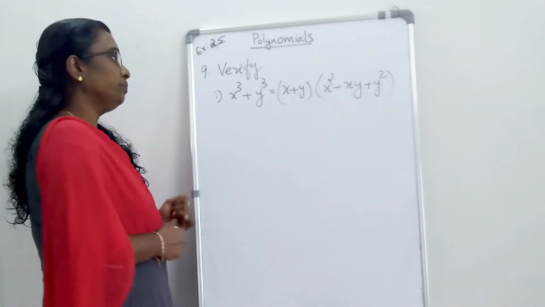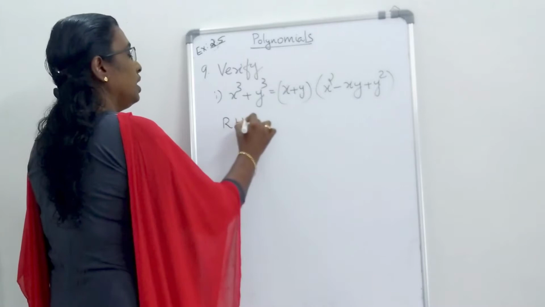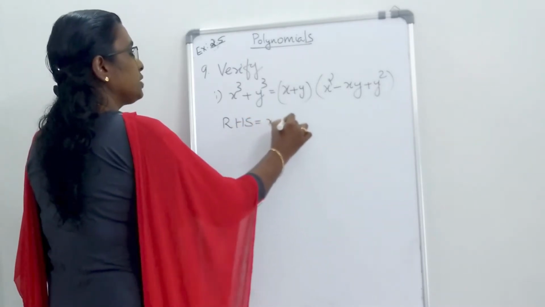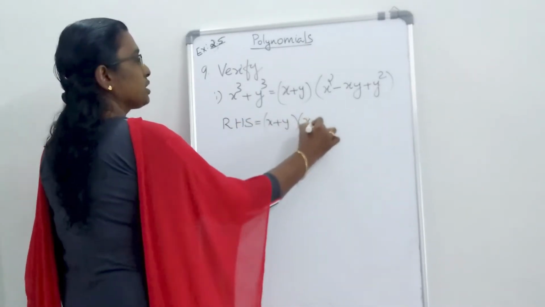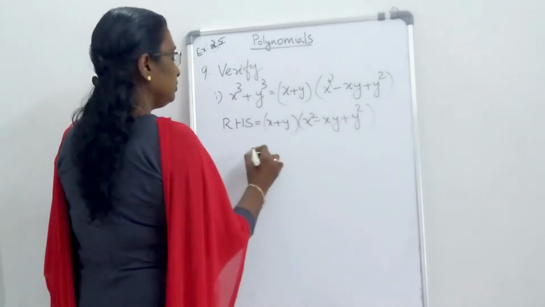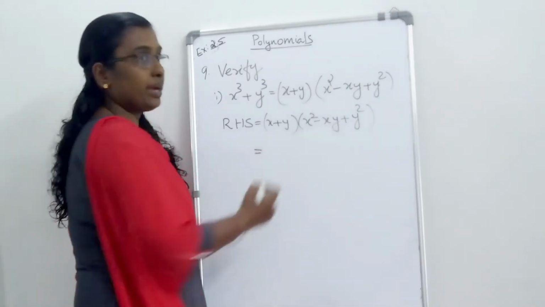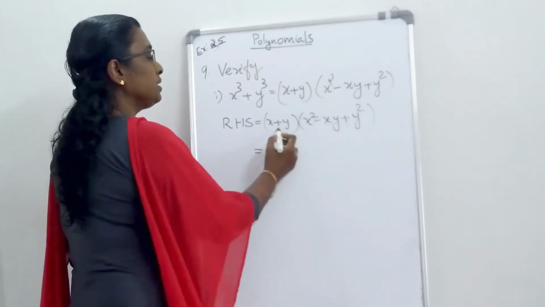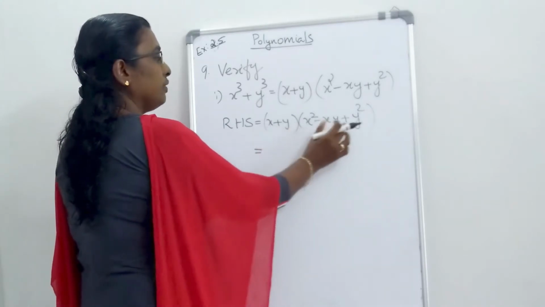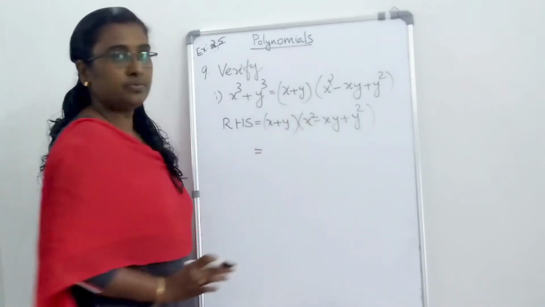Okay. Here, we take RHS. RHS equals x plus y into x square minus xy plus y square. This is equal to, then we expand the bracket. How do we expand this? First we multiply x with this one and then y with this factor.